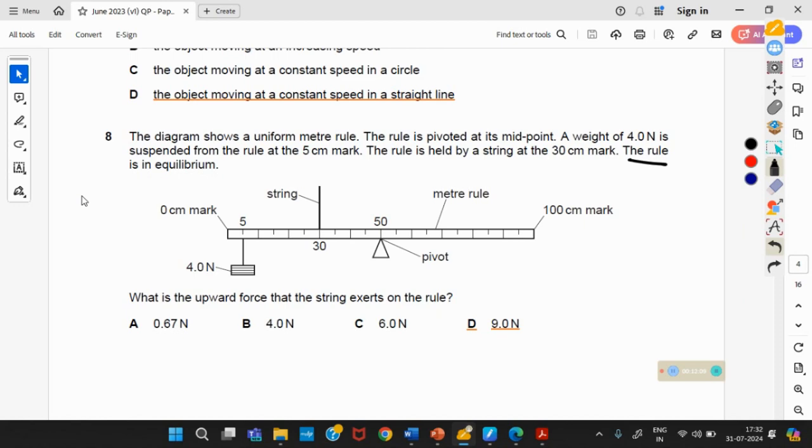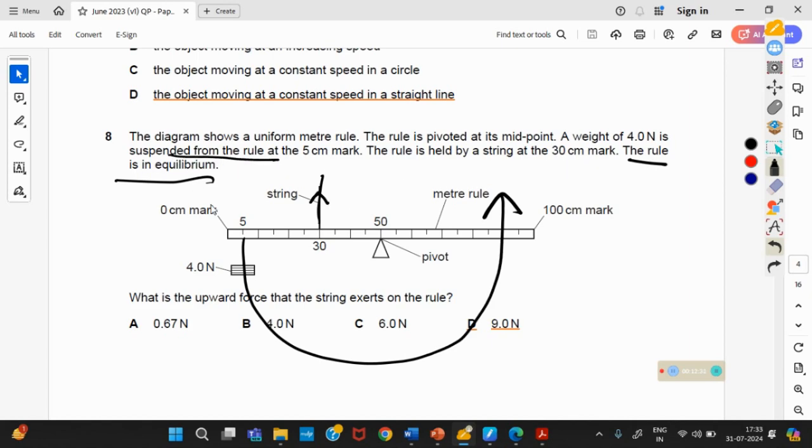We know that the rule is in equilibrium. It means the total anticlockwise moment is equal to the total clockwise moment. The force 4 Newton produces an anticlockwise moment. And let's suppose this is a force F here. So this is the string, and this is suspended, so there will be an upward force here, and this force will produce a clockwise moment.